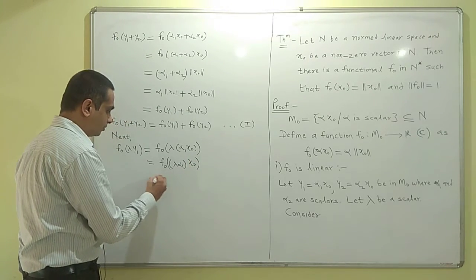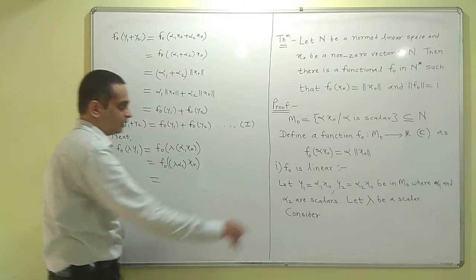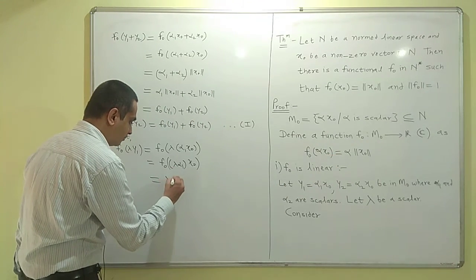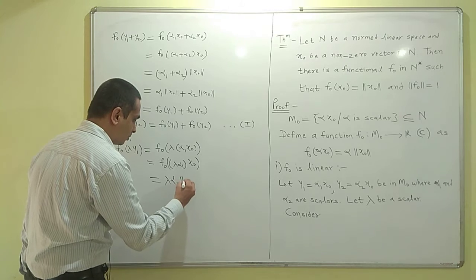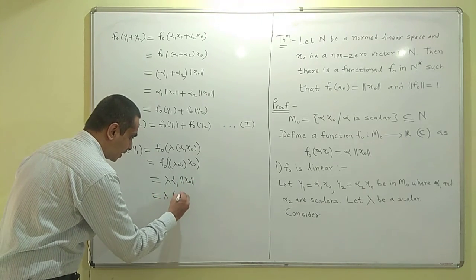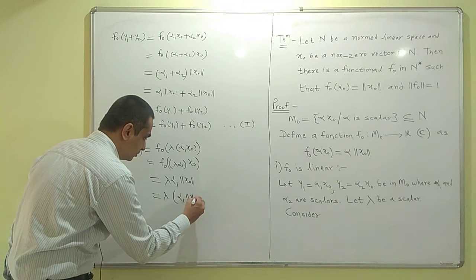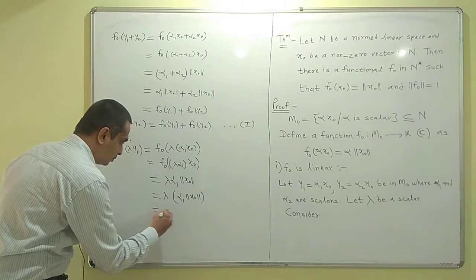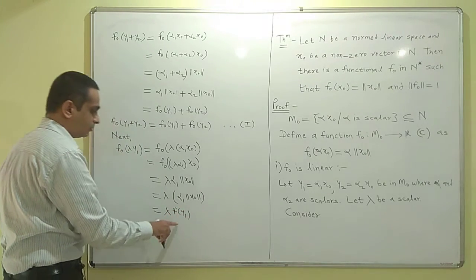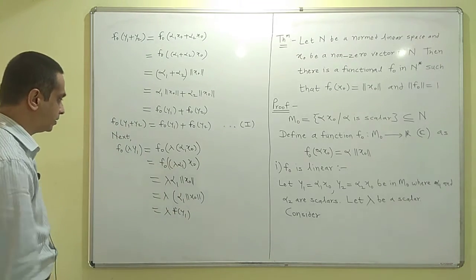Again, by definition of f0, here alpha in this case is lambda alpha 1. So lambda alpha 1 times norm of x0, which I could write as lambda times (alpha 1 norm of x0), which equals lambda times f0 of y1. What is f0 of y1? It is alpha 1 times norm of x0.